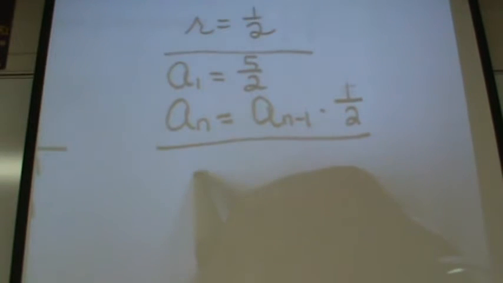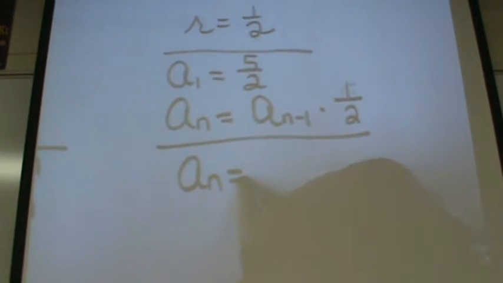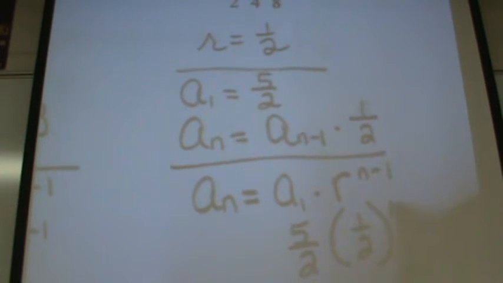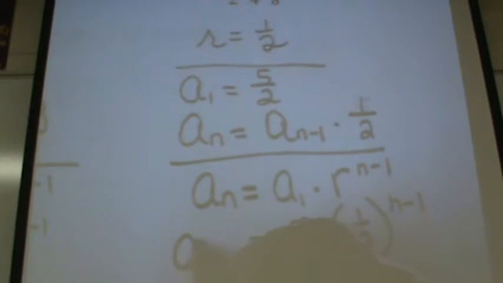But the explicit formula, you have to know the first term, and you multiply it by the r value to the n minus 1. So 5/2 times 1/2 to the n minus 1. Okay, and letter C, what would you say this is? Neither. It's neither.